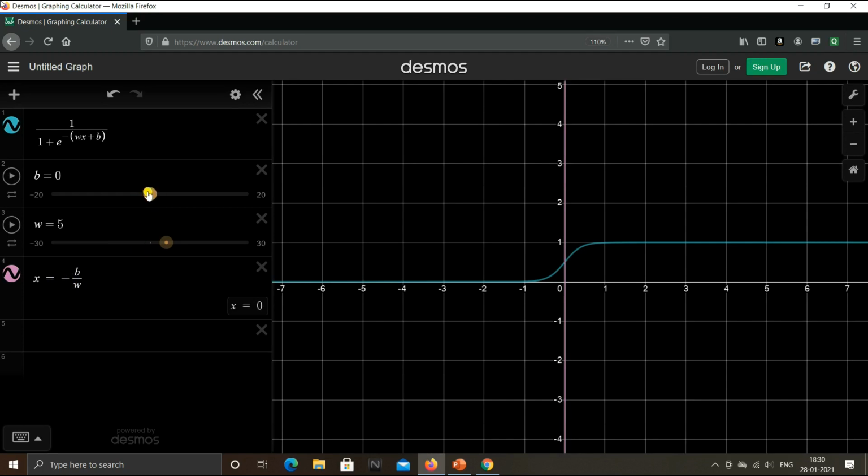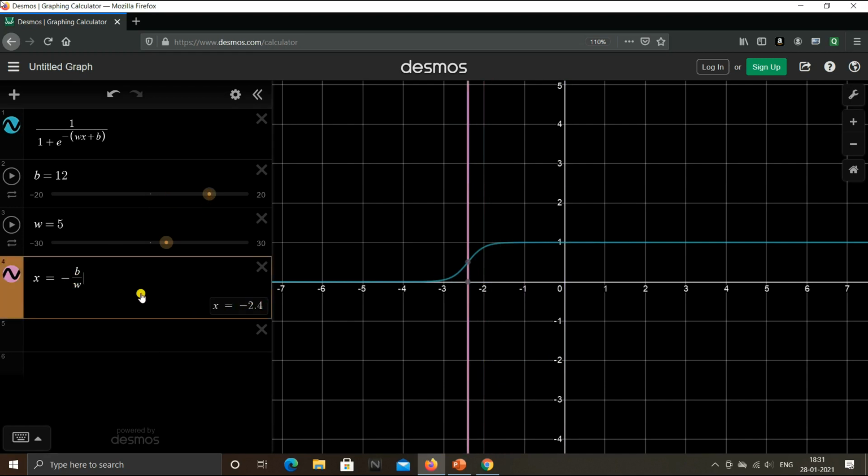If you ignore the minus sign, this ratio will increase, but since there is a negative sign, it will increase towards the negative side. So as we increase the value of b, the threshold point, which you can see by this pink line and its value over here, is going towards the left side.